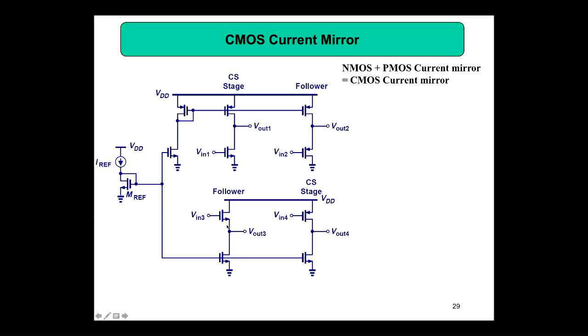But this other follower uses the NMOS circuit, and here the load resistor you will be replacing with the NMOS transistor. Again, this is a common source stage, and here you are using a PMOS, but this load is down here, and you are replacing it with the NMOS transistor.